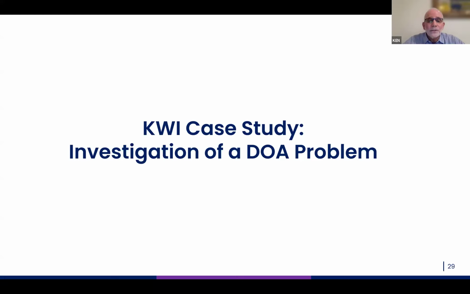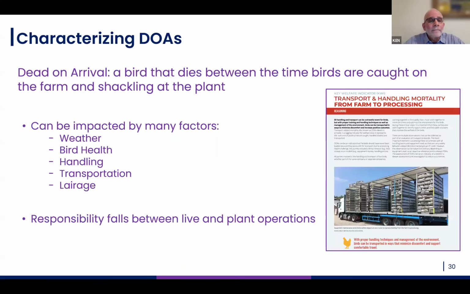Part of the illustration here is just to show you how I approach the problem, and maybe to be helpful as you approach problems in your own operations. But let's first define a dead on arrival. So dead on arrival are birds that die between the time birds are caught on the farm and they're shackled at the plant.